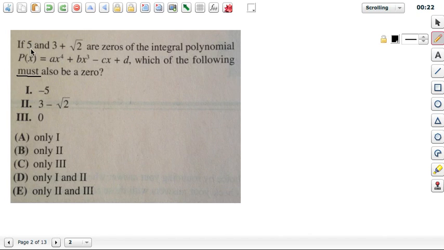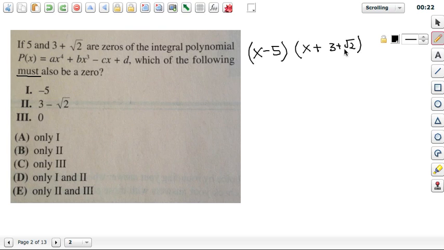One of the roots is 5, so a factor of that polynomial has to be x minus 5. The other root is 3 plus root 2, so the factor of the polynomial must have been x plus 3 plus root 2.